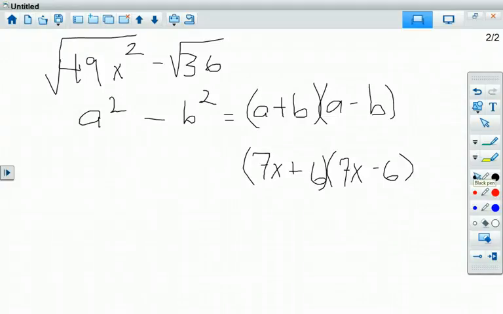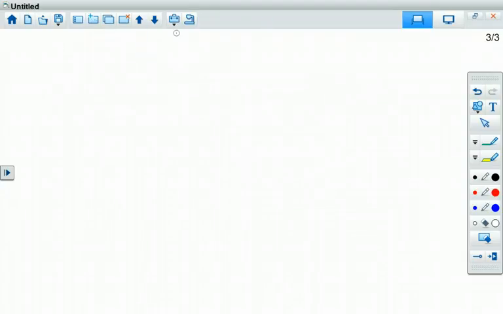Now, let's do one more, and let's go the other direction with the shortcuts. And I have a feeling this is not going to work very well. How about x minus 2 quantity squared?